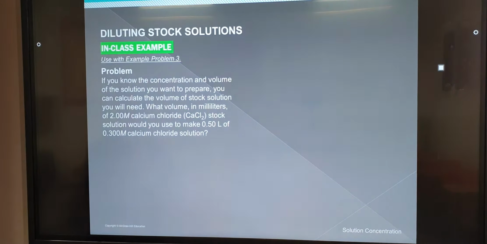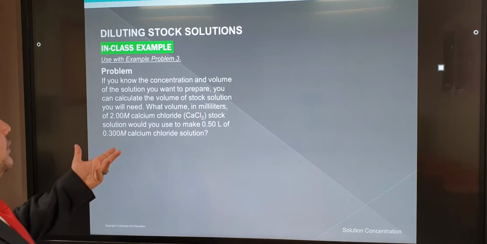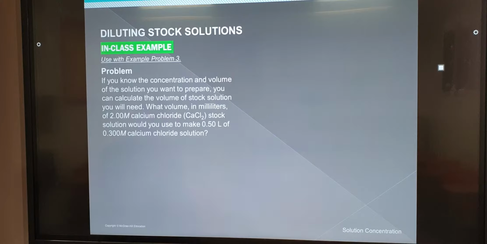In this problem, if you know the concentration and the volume of the solution you want to prepare, you can calculate the volume of stock solution. What volume, in milliliters, of 2 molar calcium chloride, CaCl2, stock solution would you use to make 0.50 liter of 0.3 molar calcium chloride solution?